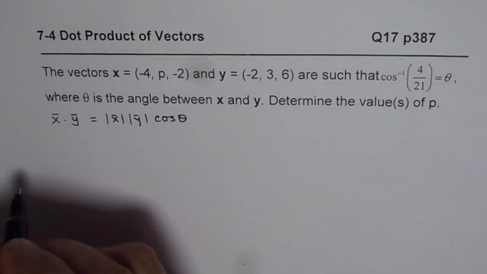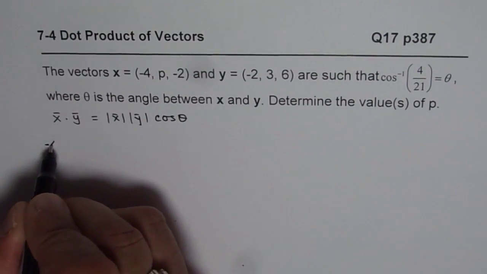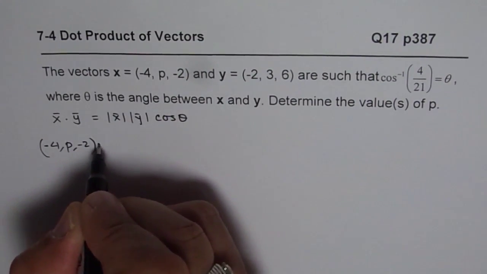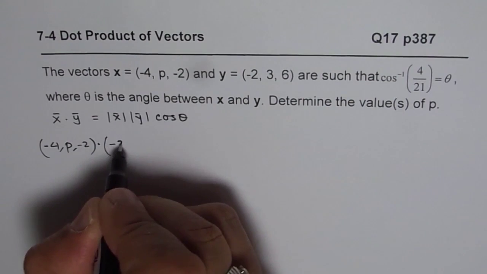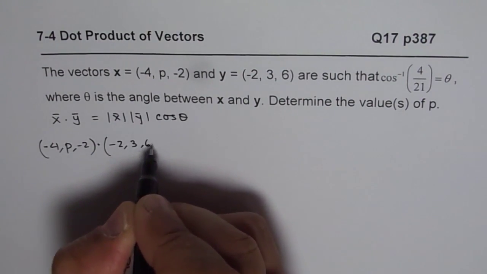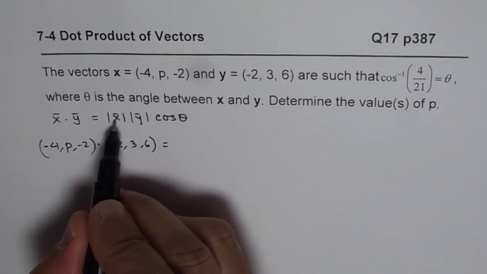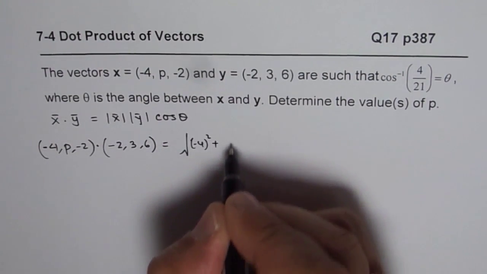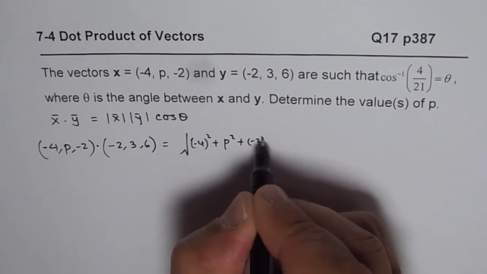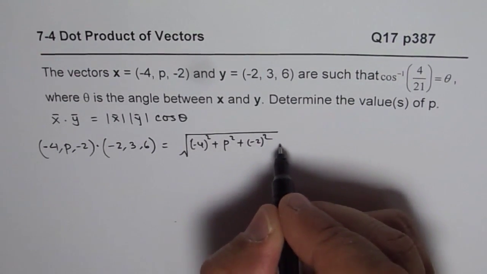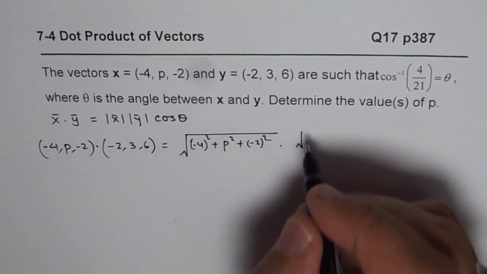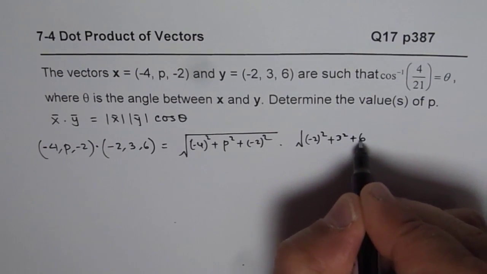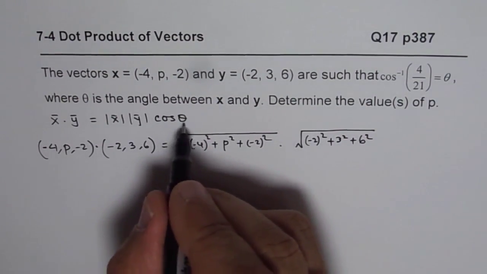So we are given x as (-4, p, -2) and the dot product with y, which is (-2, 3, 6), should be equal to the magnitude of x, which is the square root of (-4) square plus p square plus (-2) square, times the magnitude of y, which is the square root of (-2) square plus 3 square plus 6 square, times cosine of theta.